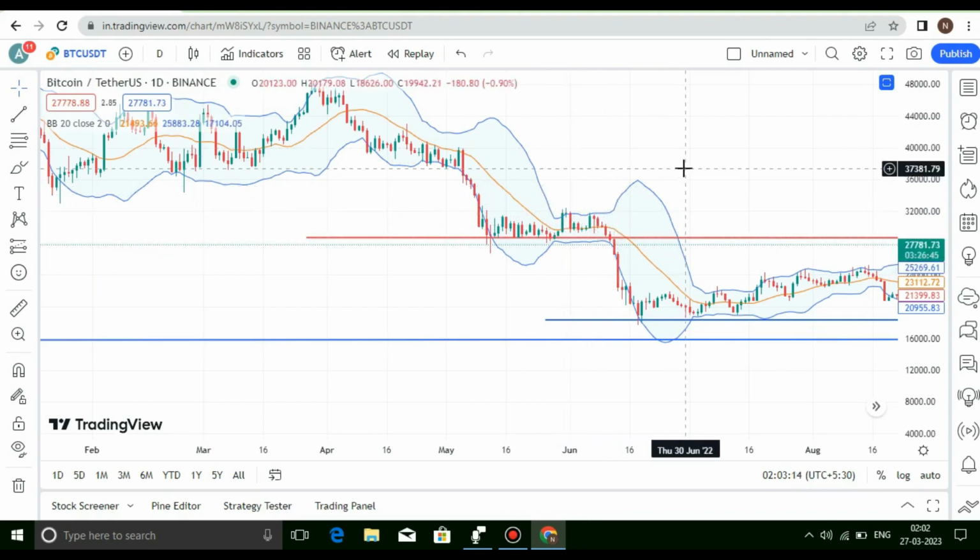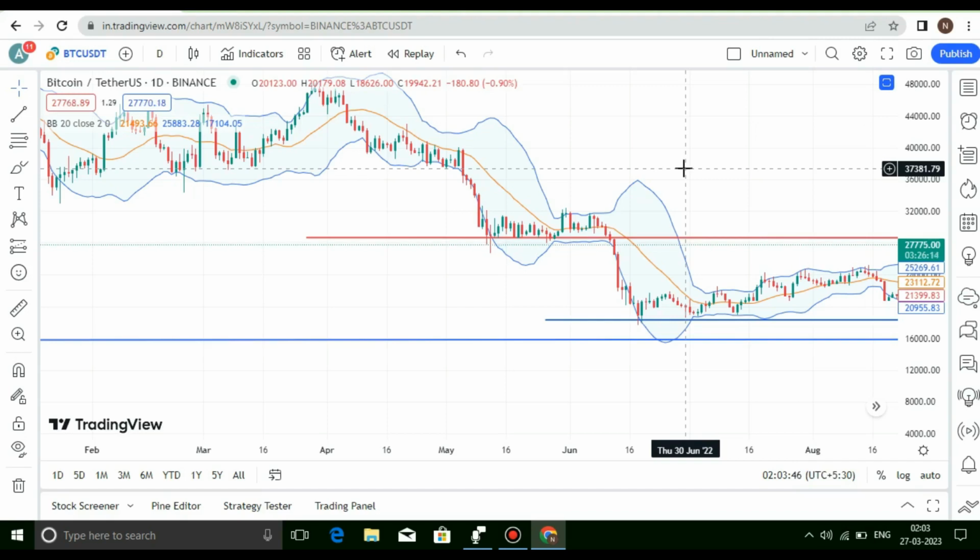So in future, if something like this happens again, the Bollinger Band becomes very narrow, and you are predicting in which direction the breakout will happen, you can check the stochastic oscillator and other volume indicators, which I have already explained, to get an idea about the situation of the market, the amount of money flow in the market, whether the market is overbought or oversold.